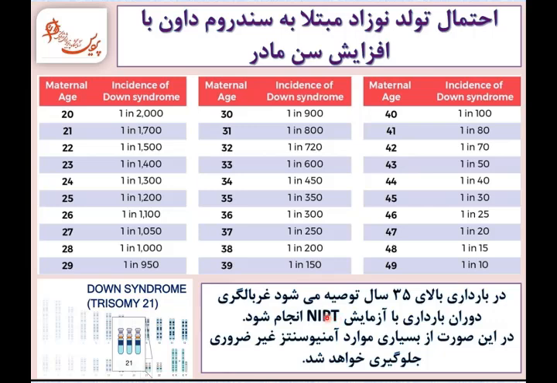We don't have to do amniocentesis all the time for the mother with advanced age, but we can check the cell-free DNA, which I explain in the next slides. And this has a very accurate detection rate with minimal false positives.